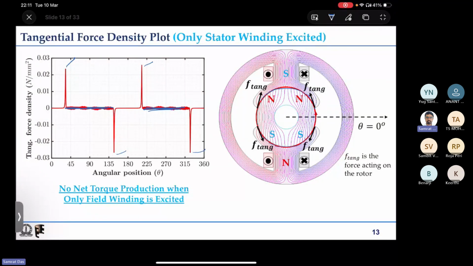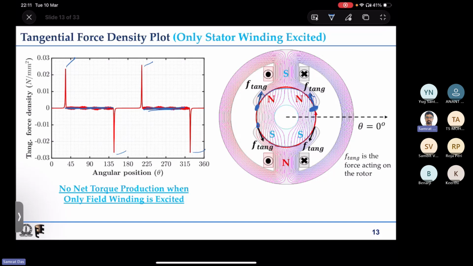So we have some force acting in this small area. So some small tangential force density is applied in this small area, that is in this direction, positive. Some tangential force is applied in this small area, that is negative, that is in the clockwise direction.